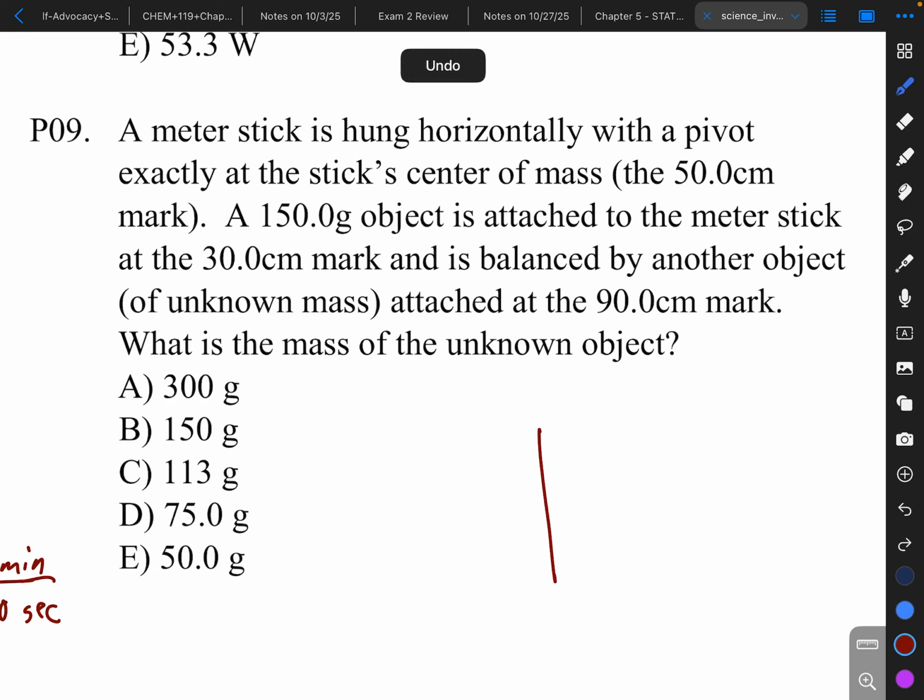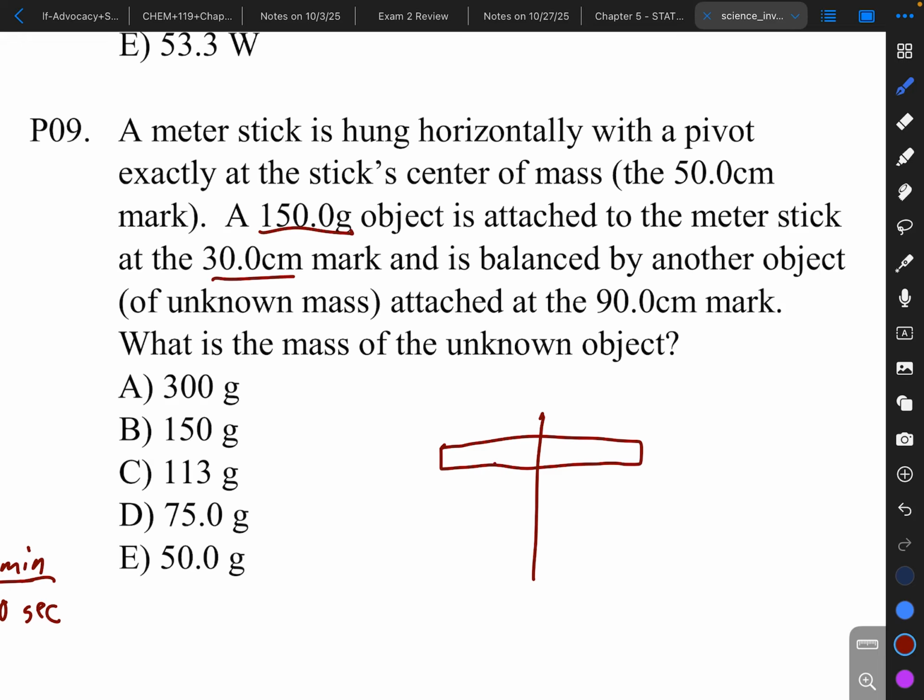We draw out a vertical bar, and the meter stick is hung horizontally to this bar. We know a meter stick is 100 centimeters, so we have to keep that in mind with the different numbers we have here. So we have a 150-gram object at the 30-centimeter mark.